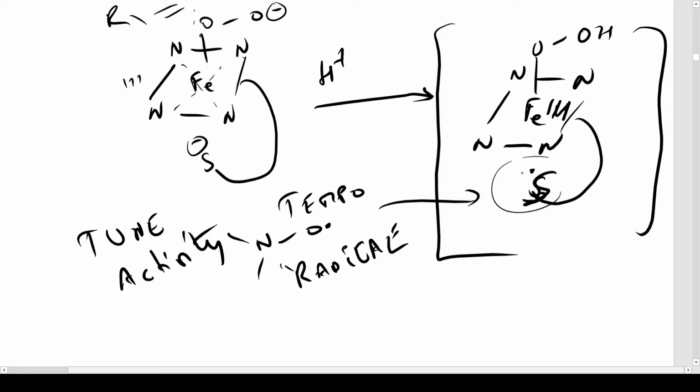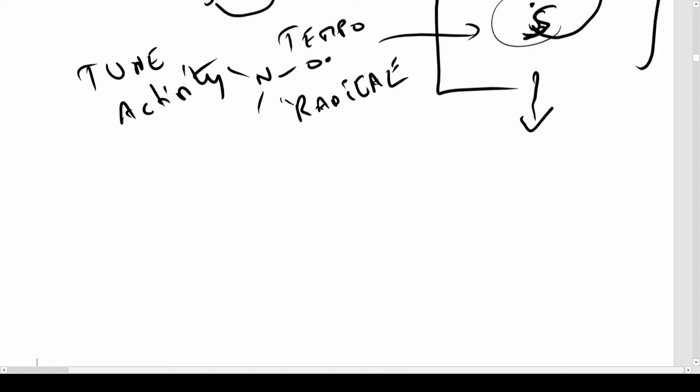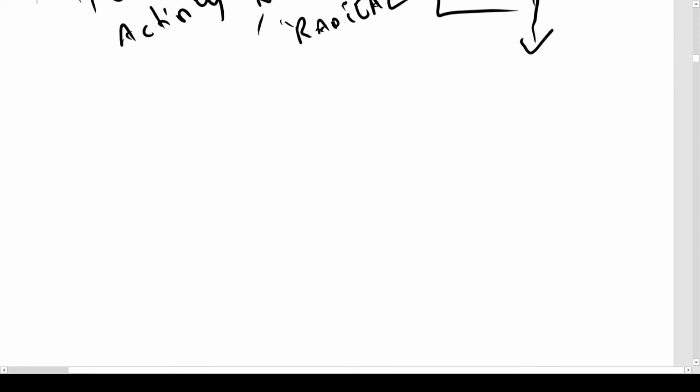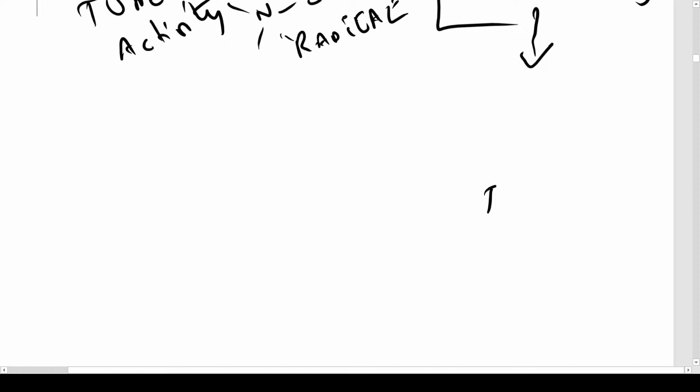With two protons, you form water. You protonate, then you reprotonate it, then the iron pushes the water, and the sulfide gives one electron to the iron in one shot. So you get this activated iron 4.